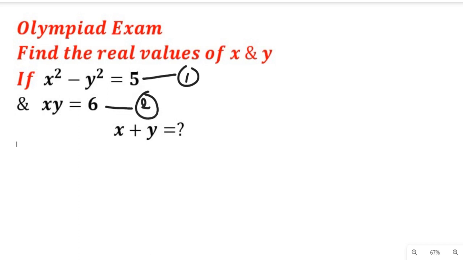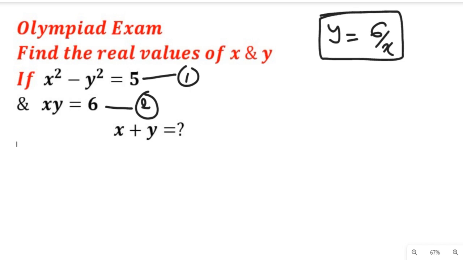From equation 2, we are going to make y equal to 6 divided by x. So wherever we see y, we replace it with 6 divided by x. Now let's fix that value for y into equation 1.